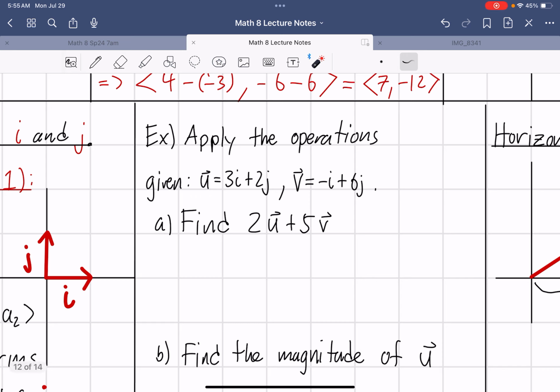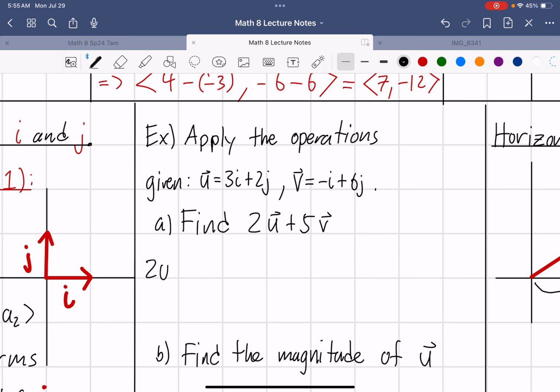So given the vector 3i plus 2j and the vector negative i plus 6j, we have to apply this operation. Now, more so than before, it really does look like distribution. It looks like I'm going to distribute.